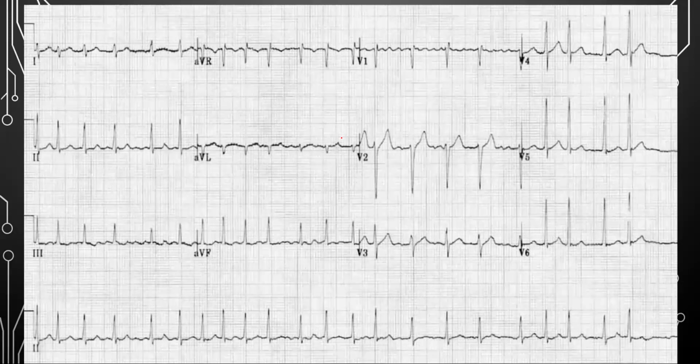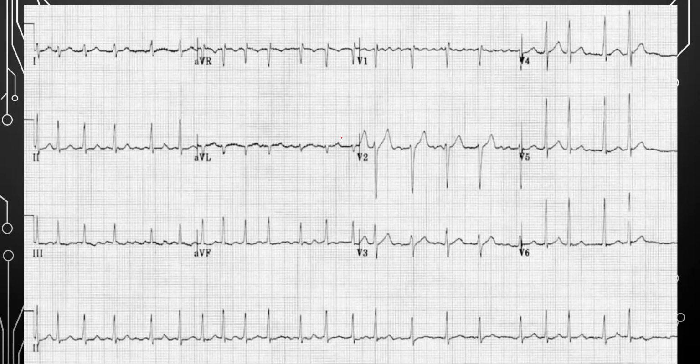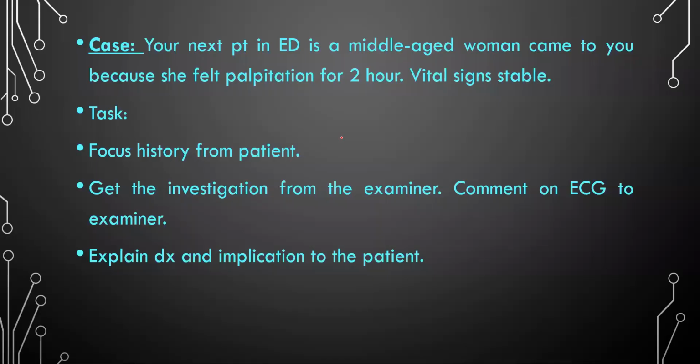There are no ST elevations, but it's most likely atrial flutter due to the absence of P waves. That's why the patient is having palpitations. Atrial fibrillation rather, not atrial flutter. Atrial fibrillation.